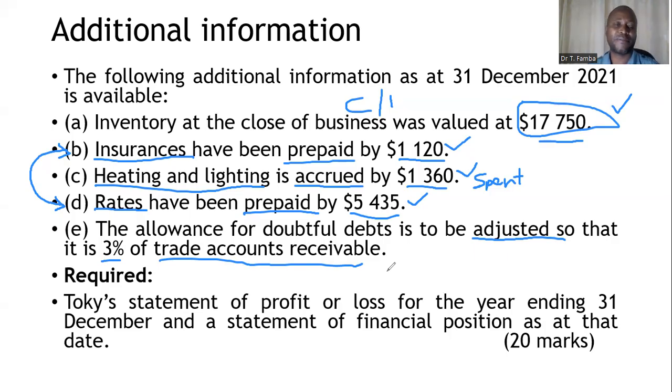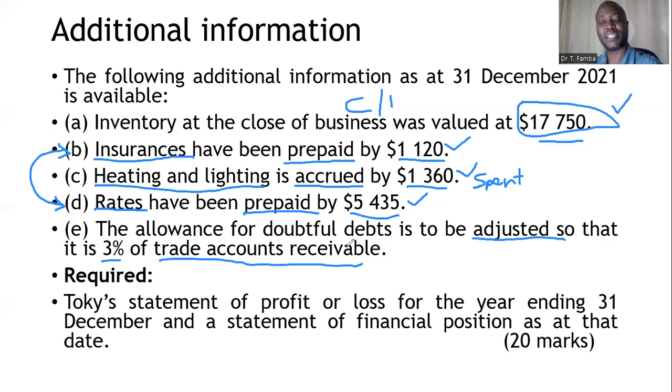So if this amount is high, it means that we are going to include the difference between the 3% and what is already given in the extract as an increase in the allowance for doubtful debt, which is an expense. The increase component will be an additional expense.